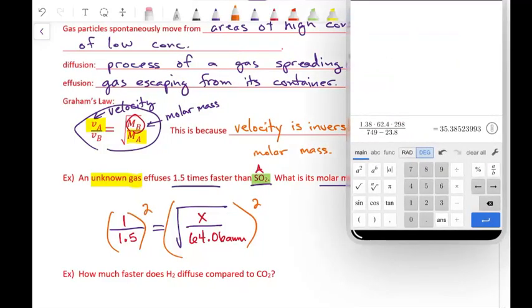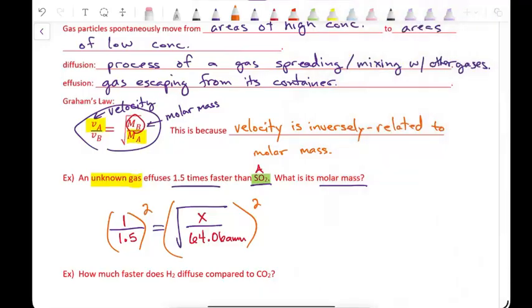So I'm going to get out my calculator, and in parentheses here, I'm going to have 1 on top, I'm going to have 1.5 on the bottom, and then I'm going to square this, and it gives me 0.4 repeating. So that's what all this on the left equals. Okay, so we have 0.444, and I can just say repeating, equals, and I got rid of the square root sign, so now it's just x over 64.06.